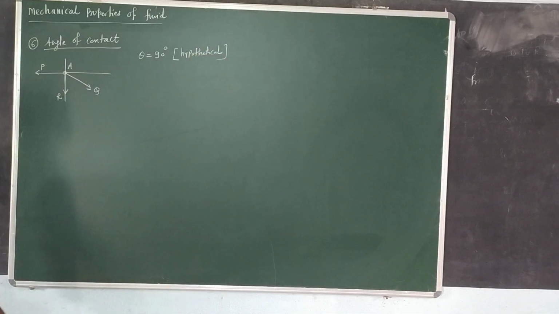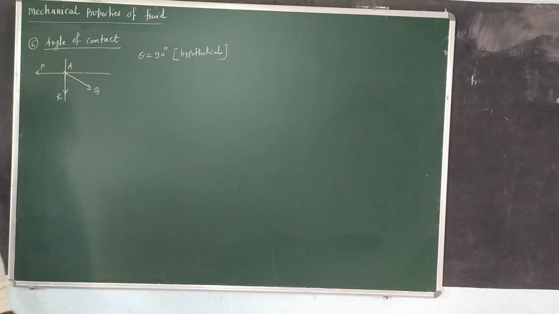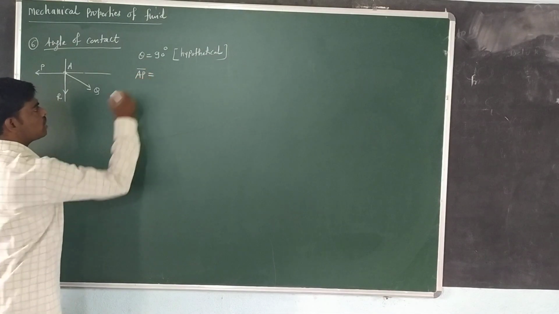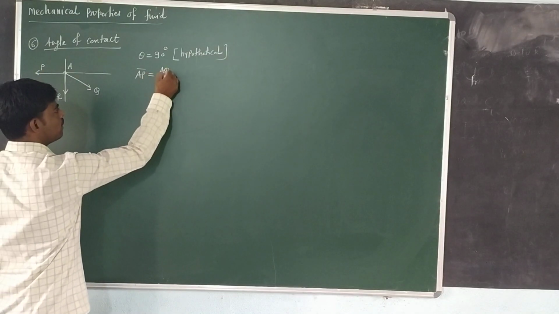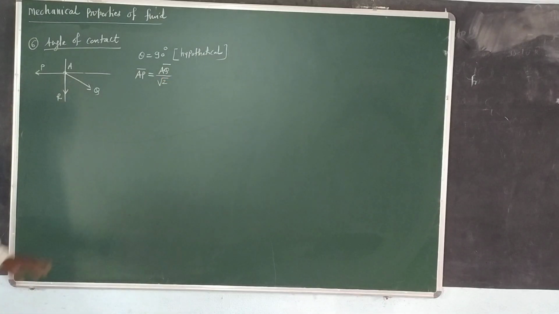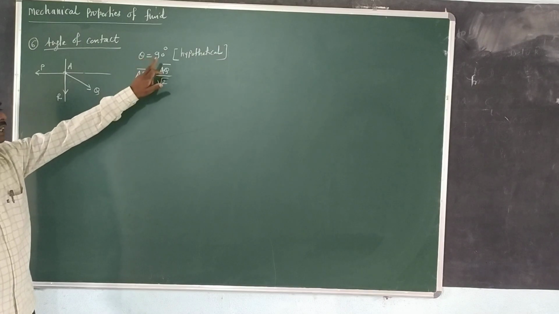In this condition, the cohesive force AQ creates a 45 degree angle with the surface as well as 45 degrees with the surface of liquid. Therefore, mathematically, we can write vector AP is equal to vector AQ by root 2. This is the hypothetical condition for which the angle of contact is 90 degrees.